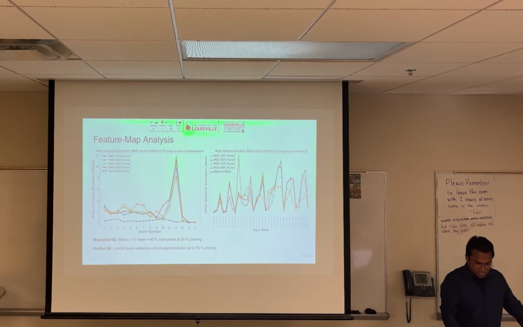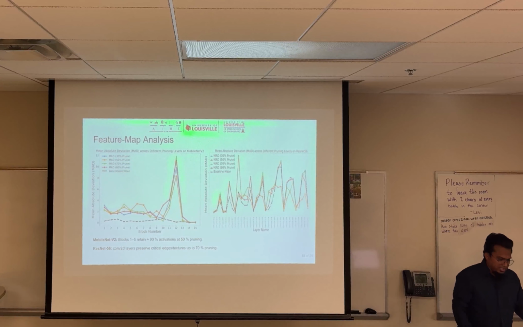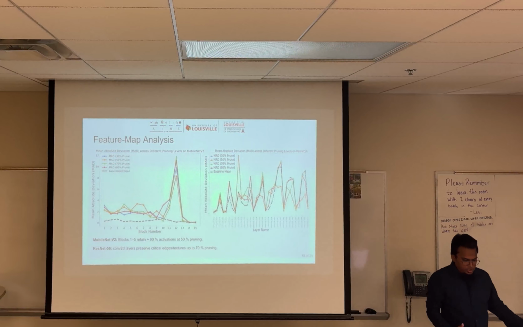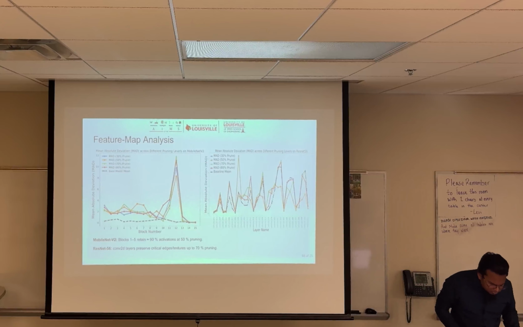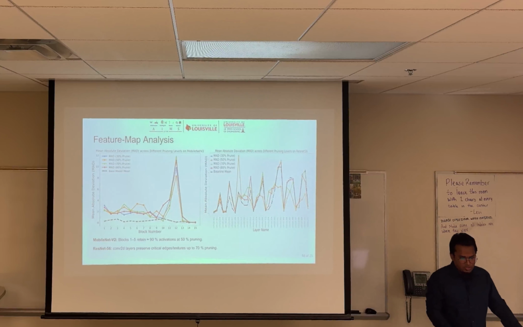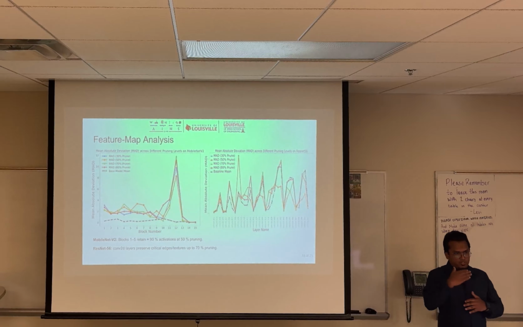Now let's look at the feature map analysis. This is the mean absolute deviation, called MAD. For our MobileNetV2 on the left, you can see that from block 1 to 10 the MAD values are low and stable. The black one is the baseline. Your target should be aligned with the baseline or below it. That would be better.